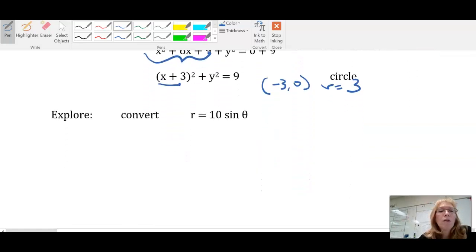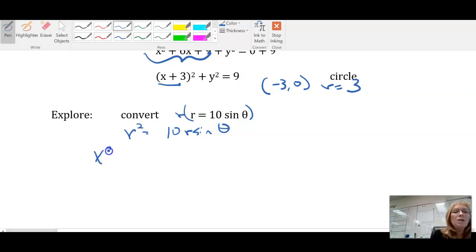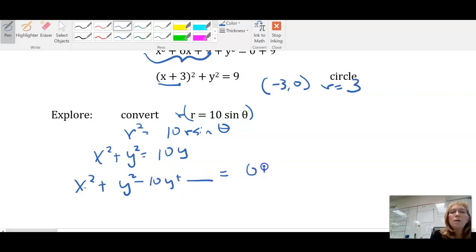Okay, pause and your turn. Multiplied by r. So r squared equals 10 r sine theta. So this is x squared plus y squared equals 10y. Subtract the y over, so this time we have to complete the square with the y. 0 plus our blank. This is the y value.